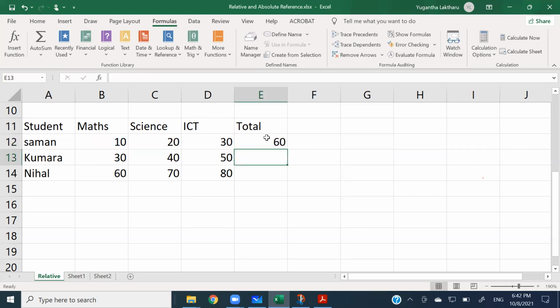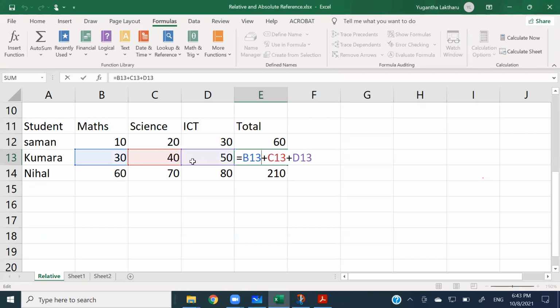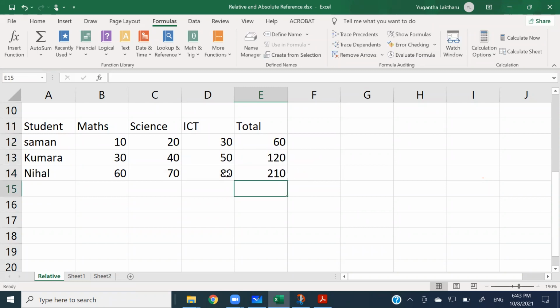So that gives me the total of Sumon. Now if I copy this to the rest of the cells, this gives me the total marks of Kumara, and this gives me the total marks of Nihal, right? So it is heavily used when we are using formulas in the real world, right?